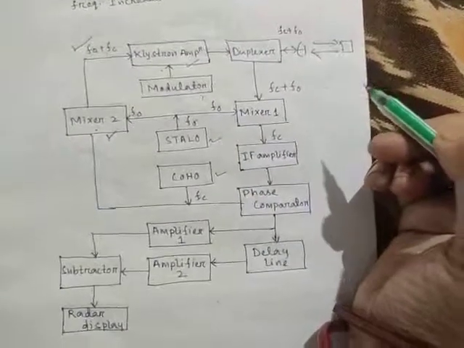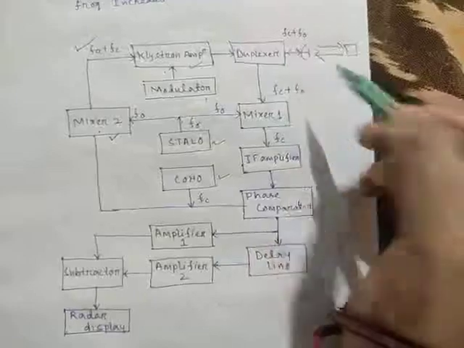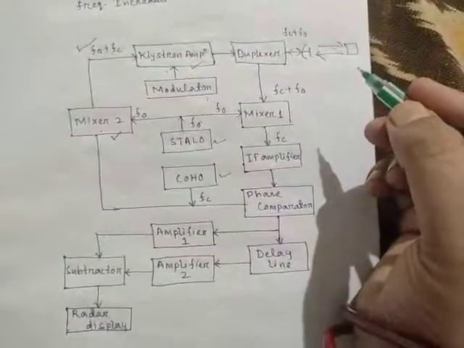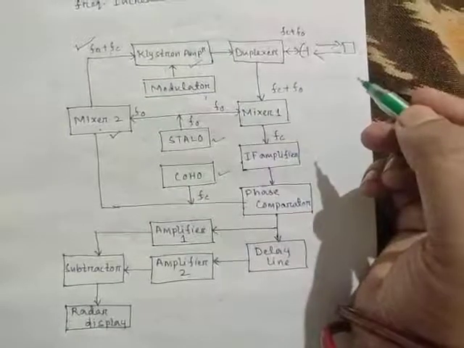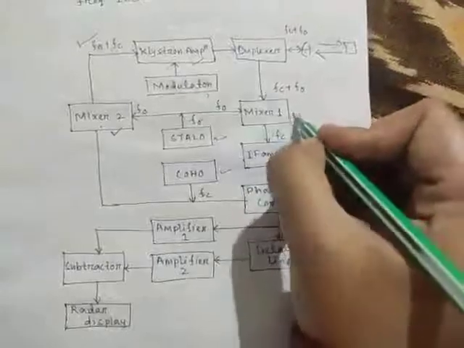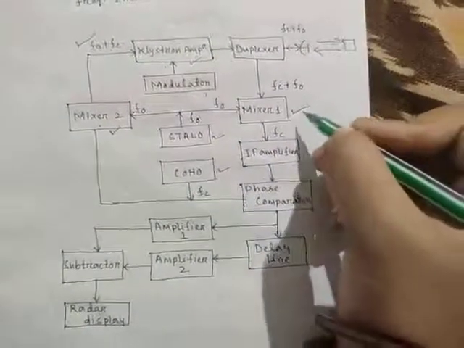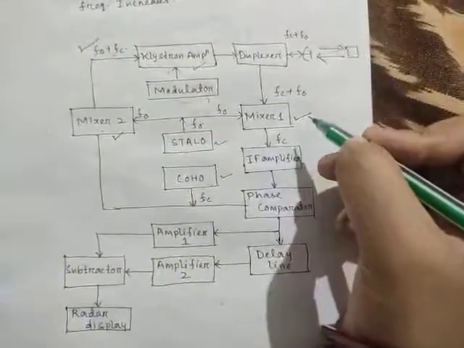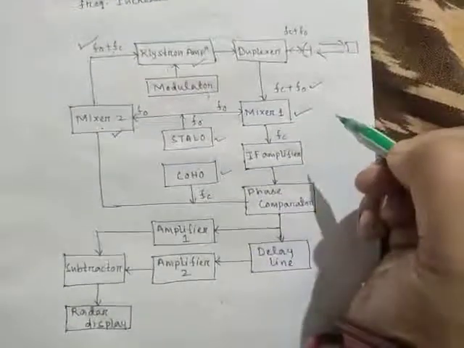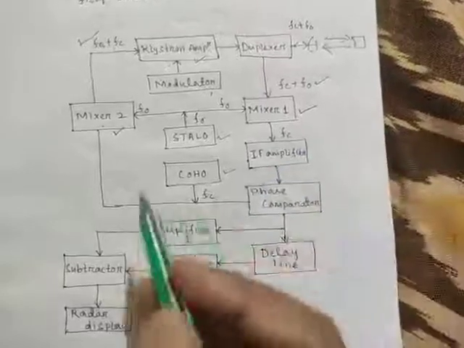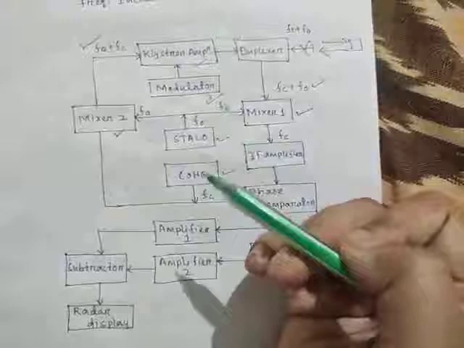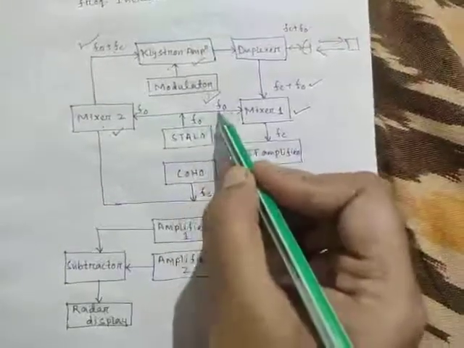Then the radar receiver section receives the signal. The echo pulse from the target is received by mixer 1, which receives the F0 plus Fc signal, and to the other input another signal is given, that is the Stalo signal, F0.